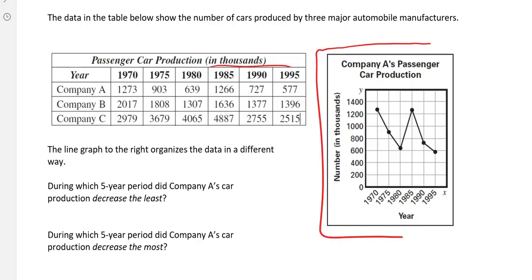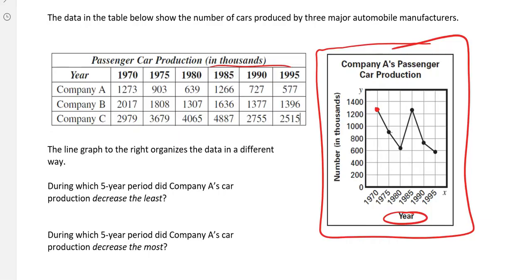Now, when we look at the graph, we can see across the bottom, we have the year, and every line here is a different year on the graph, and then the number in thousands, and so it starts at 0 at the bottom and goes up by 200s toward the top. And it works for this graph because in 1970 it was 1273, and to get that exactly on 1273 on a graph, it's not going to be exactly right?